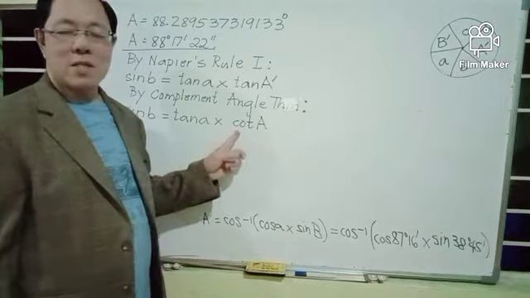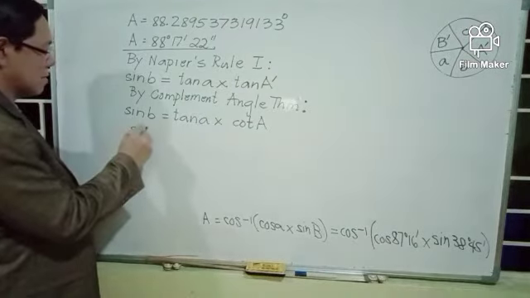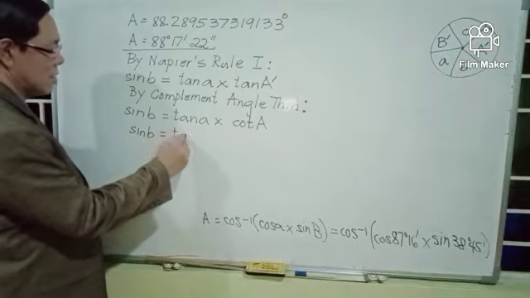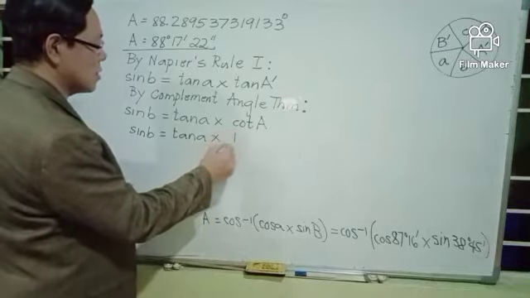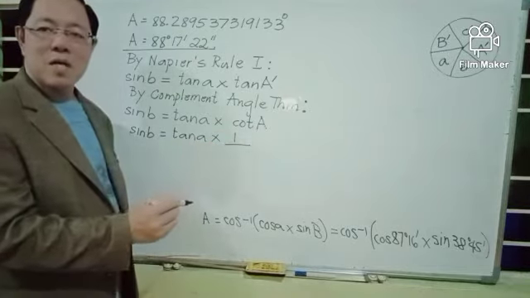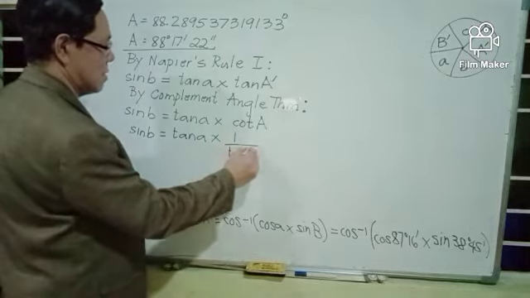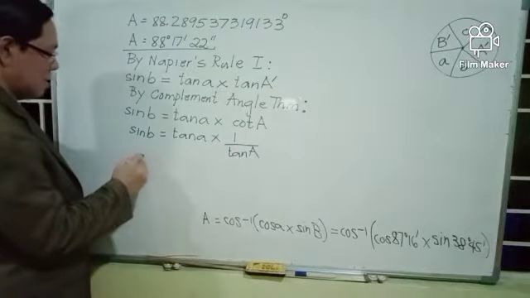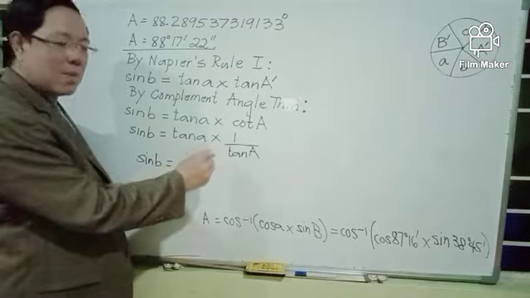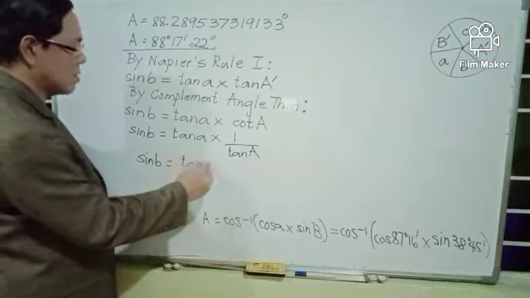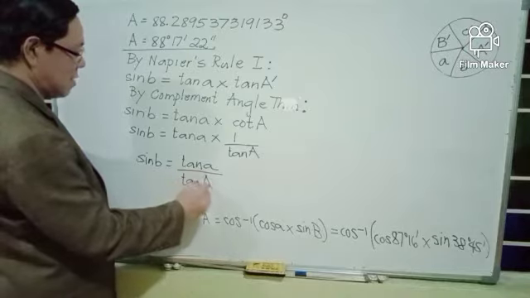So we write cotangent A as 1 over tangent A. We have sine B equals tangent a multiplied by 1 over tangent A, so sine small b is equal to tangent small a over tangent capital A.